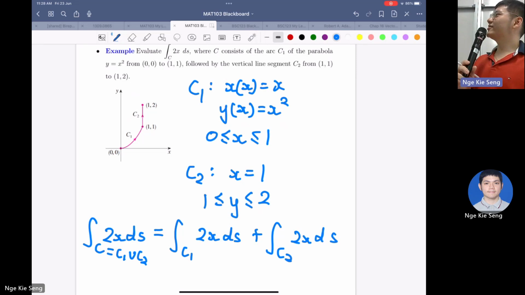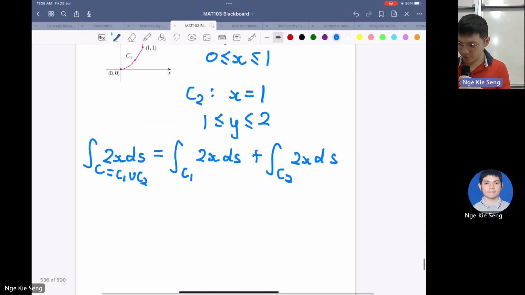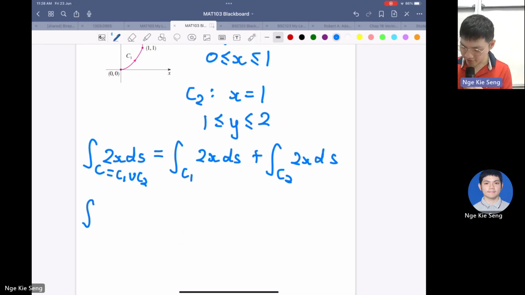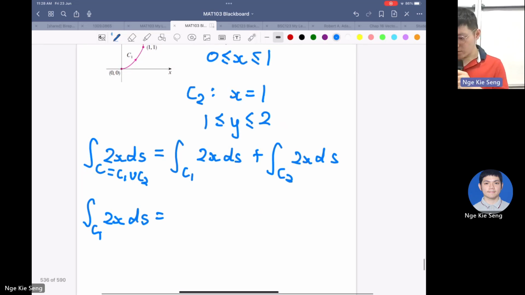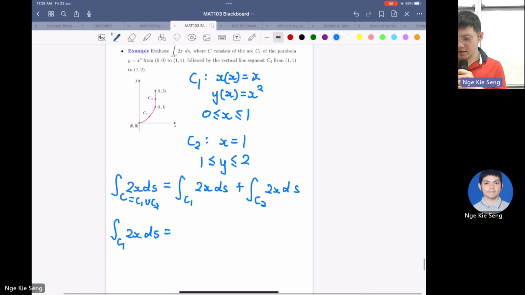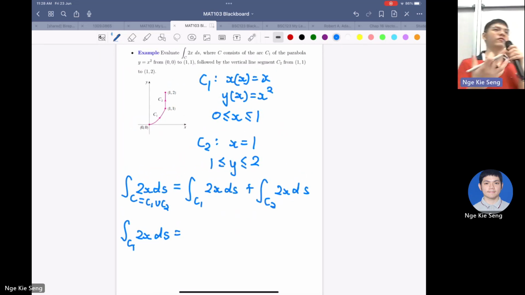Okay. So C1 and C2, on 2x dx. Let's compute one of them first. What's the integral over C1 of 2x dx? How do we write this in terms of an integral of a function of one variable? What's the variable you integrate over? x or y? x. Why?